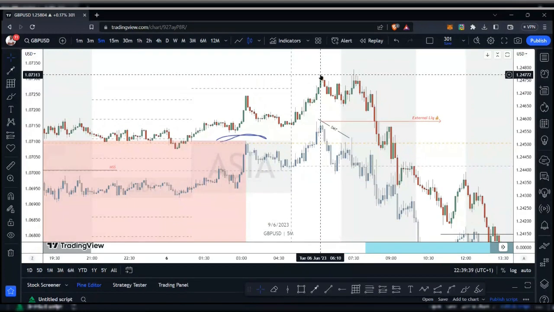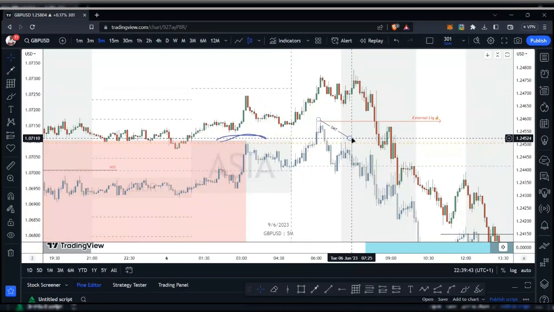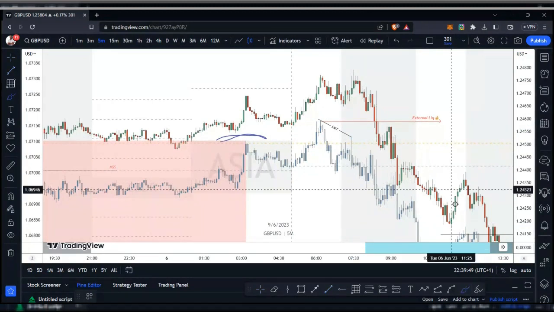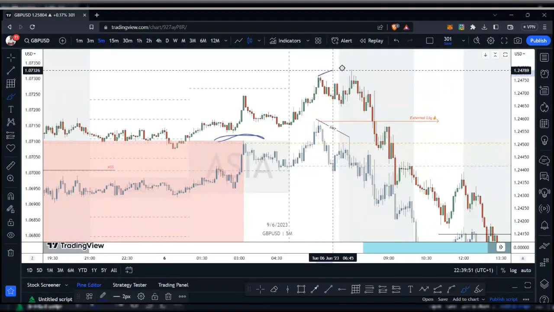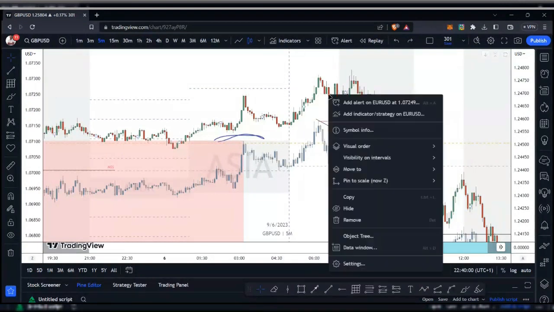Look at this high. Look at this high. Look at this high. Look at this low. Let me use the brush. Meaning what? Price is ready to go down. So we can remove this now.